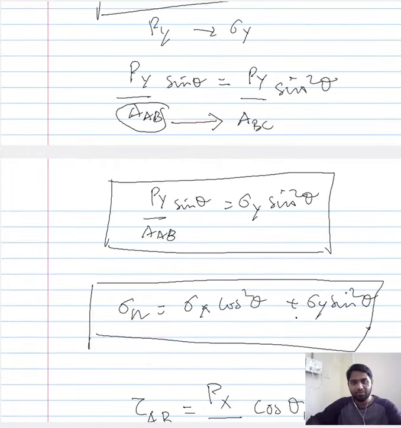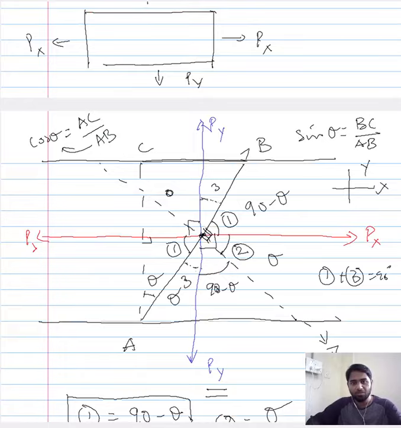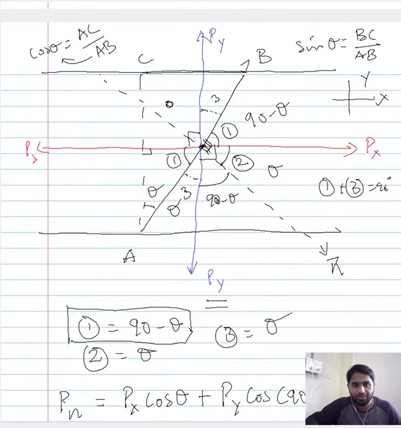For that, Ax should be that of AC and Ay should be that of BC. The area perpendicular to the x direction is AC, and the area perpendicular to the y direction is BC.